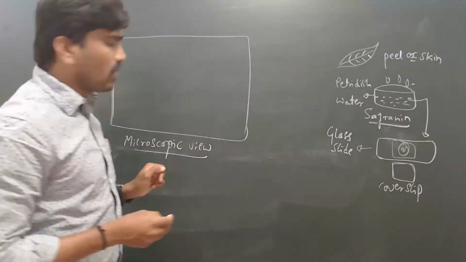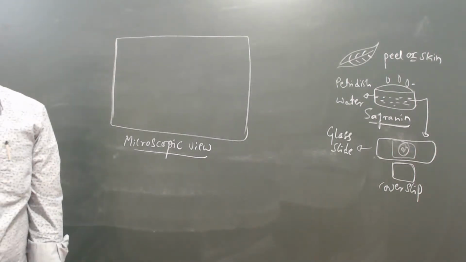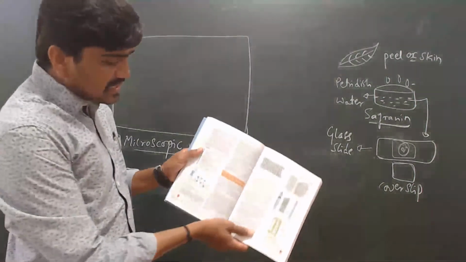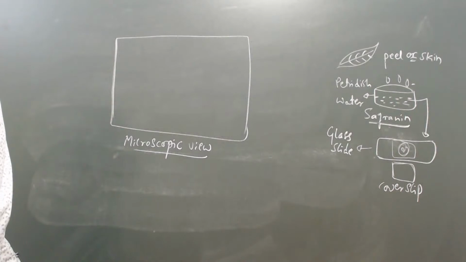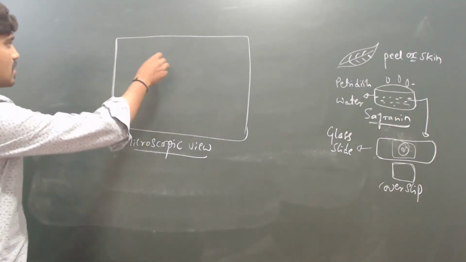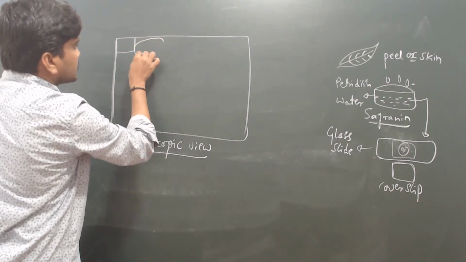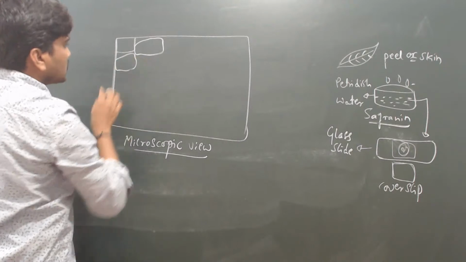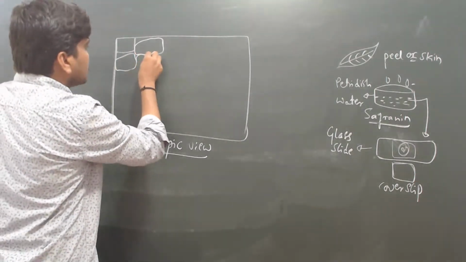Now, see the structure. Some structures are already mentioned on page number 72. In page number 72, the structure is there. Like that only I will draw on the board, and see how it will appear here. When you are observing under the microscope, the structure of these cells will appear like this.